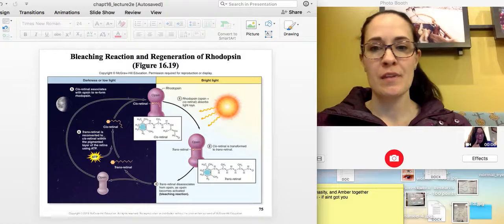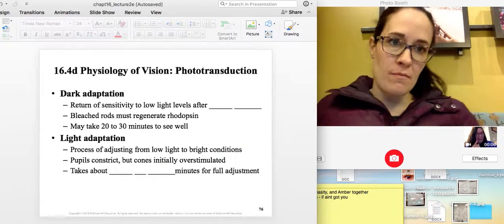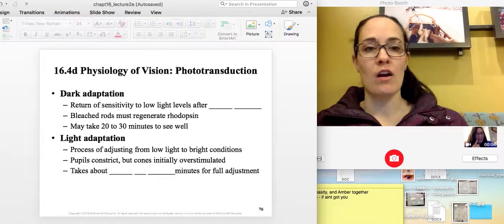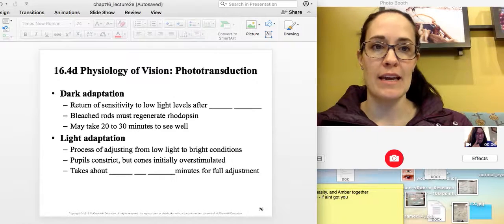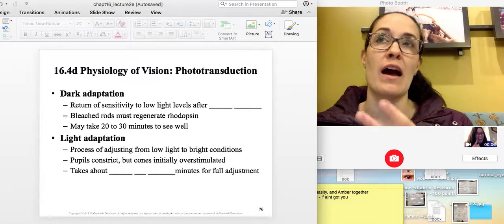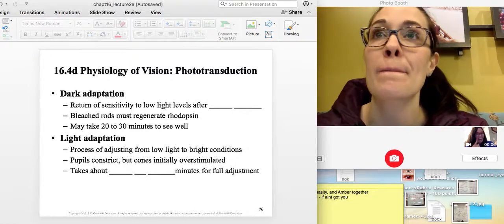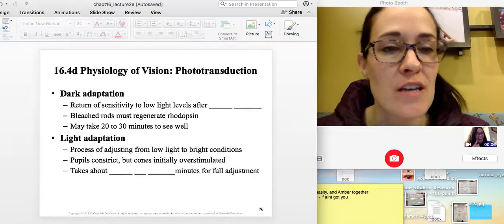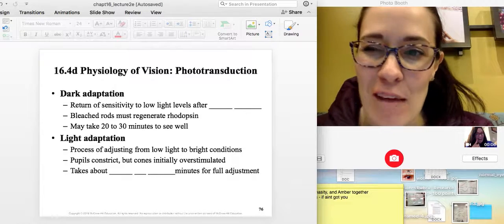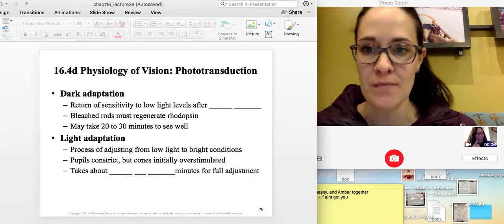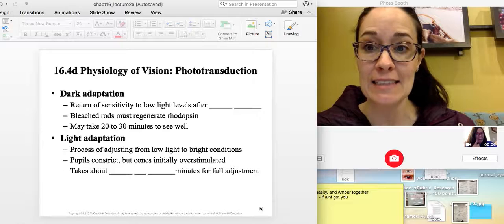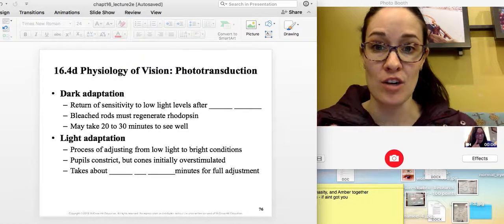Now, moving from the light into the dark, or from the dark into the light, you know that things are happening with your eyes. You know that your eyes have to adjust to those situations, and those situations have names. Dark adaptation is when you go from the light into the dark.